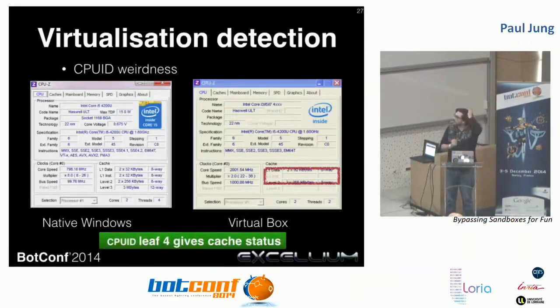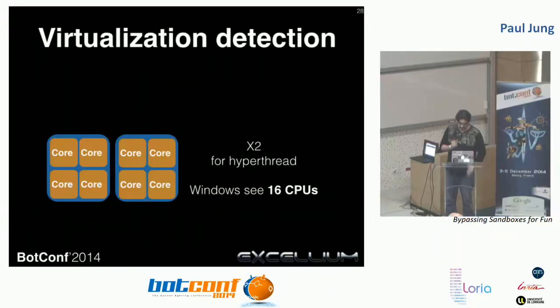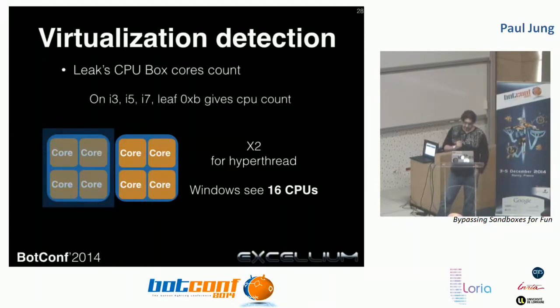What else? If you take a look at your Windows, you will have, for example, in this case, 2 CPUs with 4 cores and hyper-threading. So if I ask the OS how many CPUs I have, I should have 16. But with CPUID, you may ask one CPU. You don't know which one. It depends. Who cares about that?